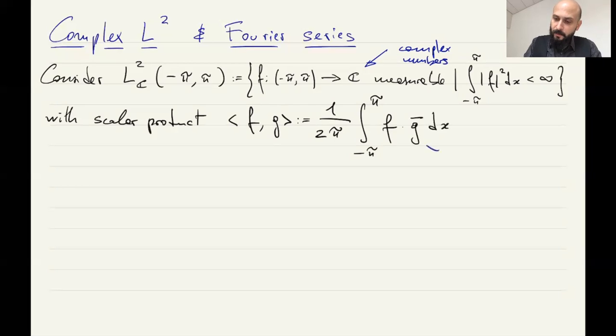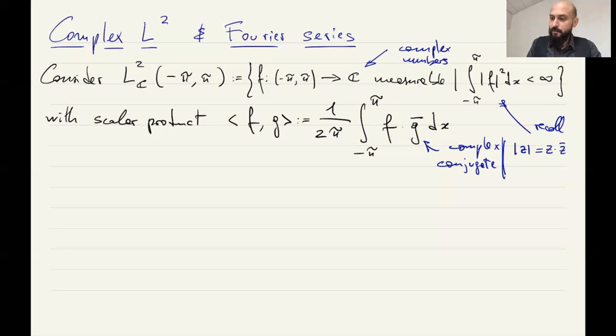Bar is the complex conjugate, and I recall that having the complex conjugate, one can write the norm of a complex number: z times the conjugate of z is the norm square. Okay.